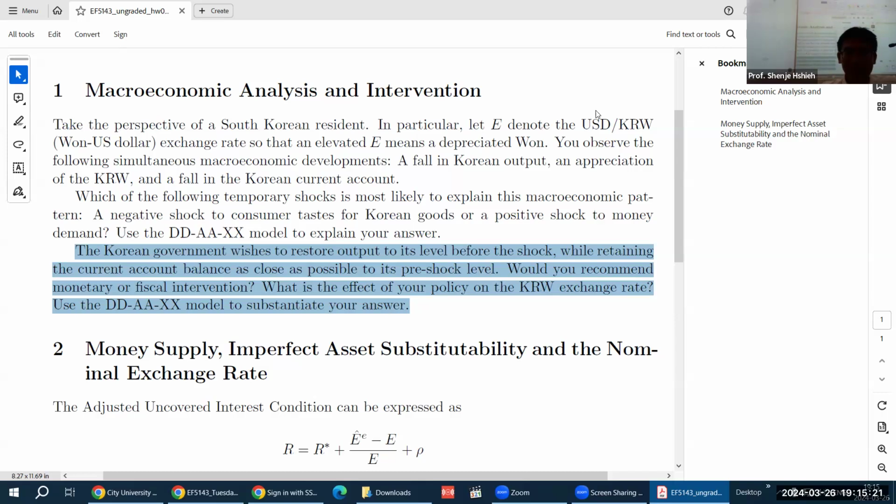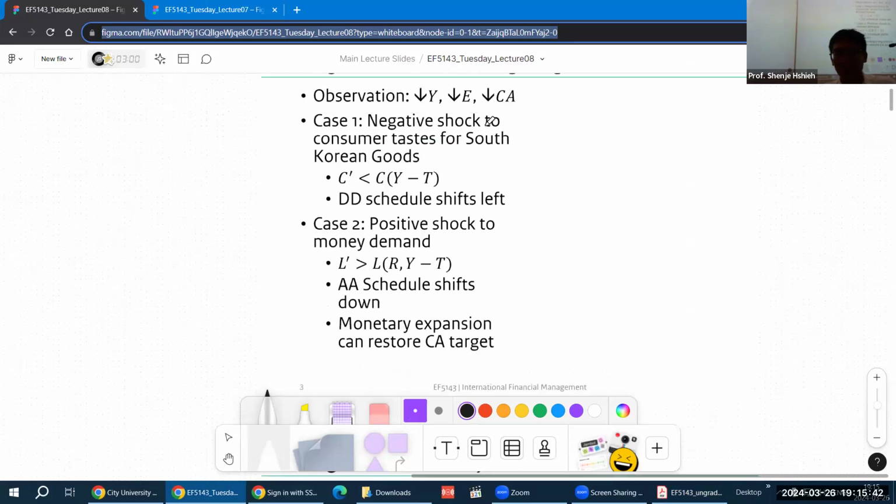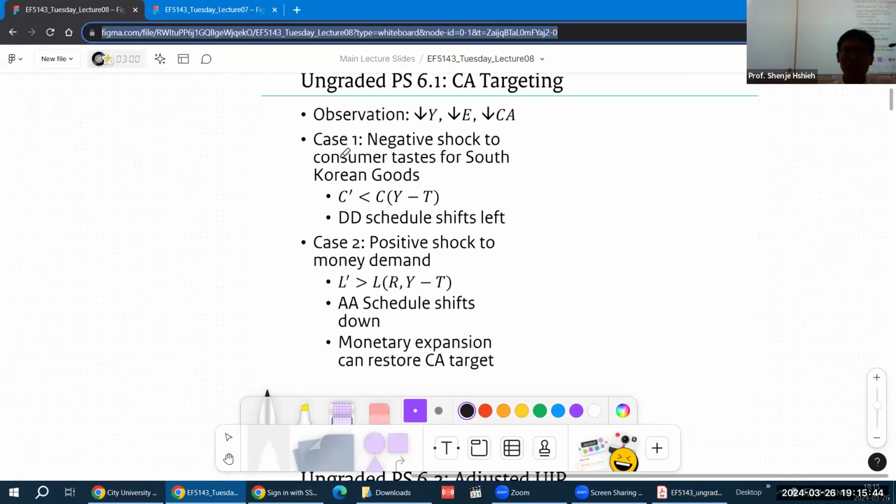So let's go ahead and analyze this. Let me see what it asks you to do. Two possible scenarios: a negative shock to consumer tastes or a positive shock to money demand. So let's do case one. Case one is a negative shock to consumer taste for South Korean goods.